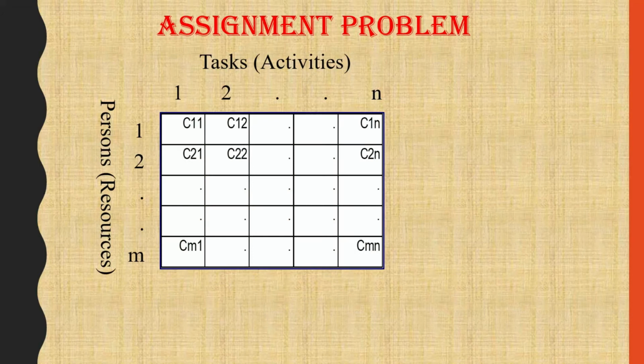Suppose there are n tasks which are required to be performed using m resources per person. The effectiveness of each facility for each job is also known. So the problem is to assign each facility to one and only one job such that the optimization is important, or effectiveness.